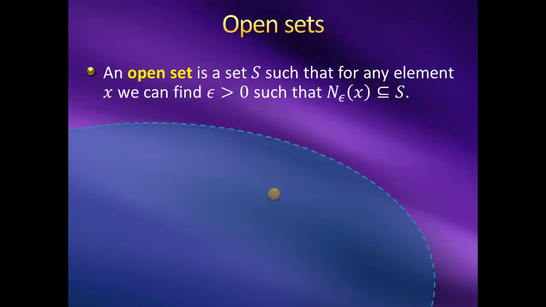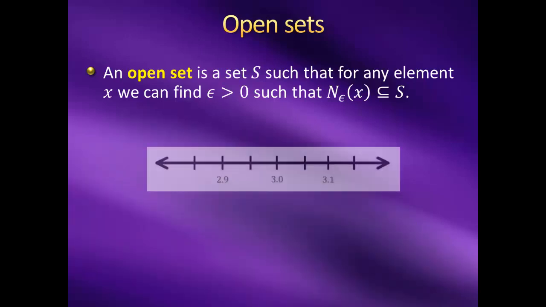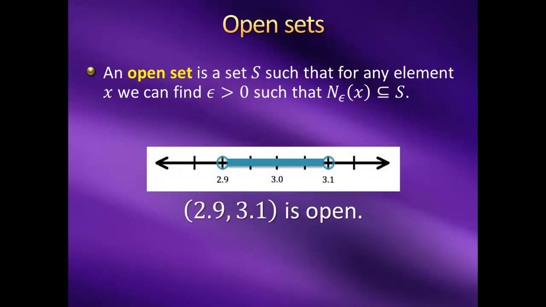If a set is open, then from any point inside the set, we can move a little bit in any direction and still be in the set. So the open interval from 2.9 to 3.1 is a great example. Say you pick a point in this interval, perhaps 2.95. Then I can find a small enough neighborhood around 2.95 if I let epsilon be 0.025. Then the epsilon neighborhood of 2.95 is the open interval from 2.925 to 2.975.